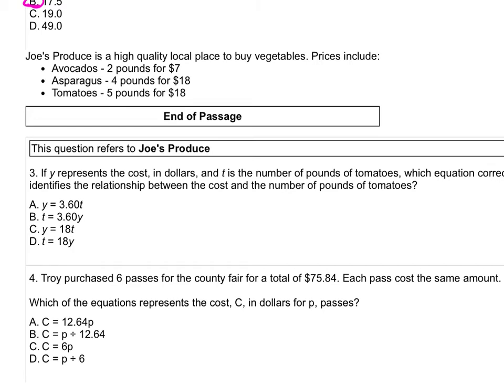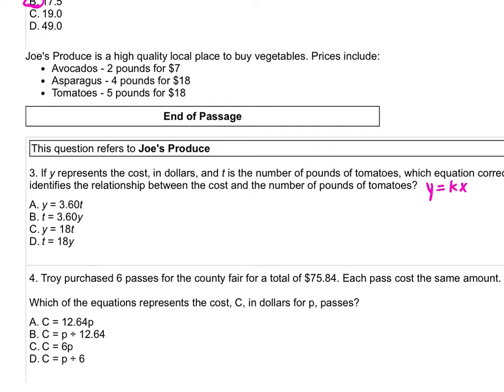Number 3, this question refers to Joe's produce. It says Y represents the cost in dollars and T is the number of pounds of tomatoes. Which equation correctly identifies the relationship between cost and number of pounds of tomatoes? So we want this equation in the form y equals k times x.